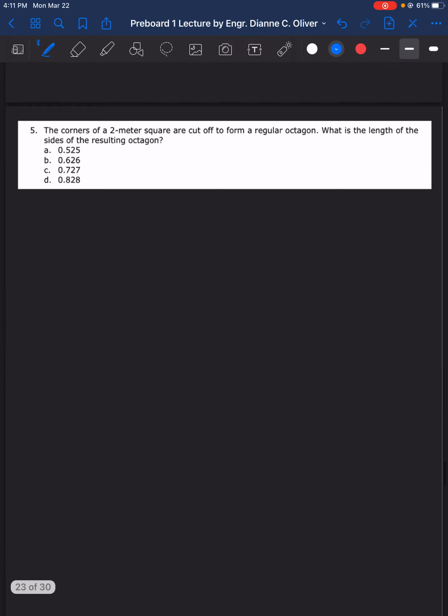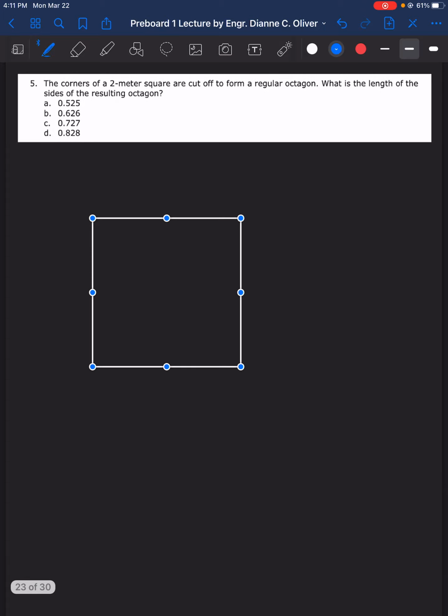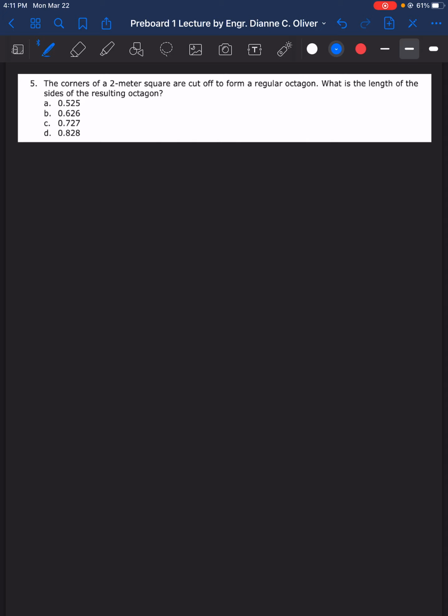Now let's go to number 5. The corners of a 2-meter square are cut off to form a regular octagon. What is the length of the sides of the resulting octagon?